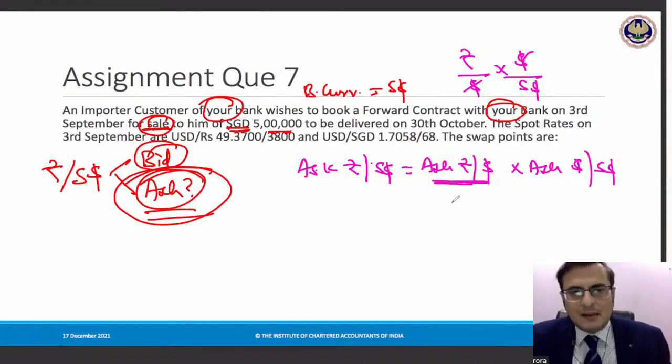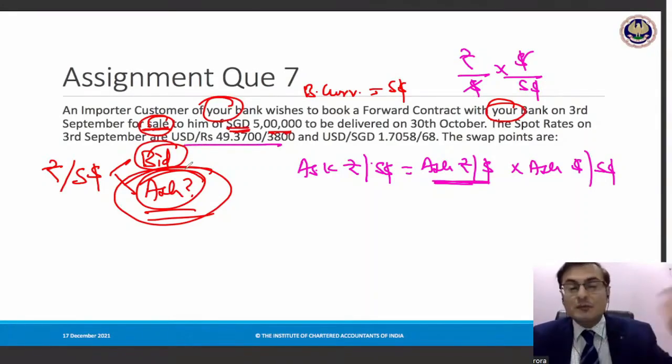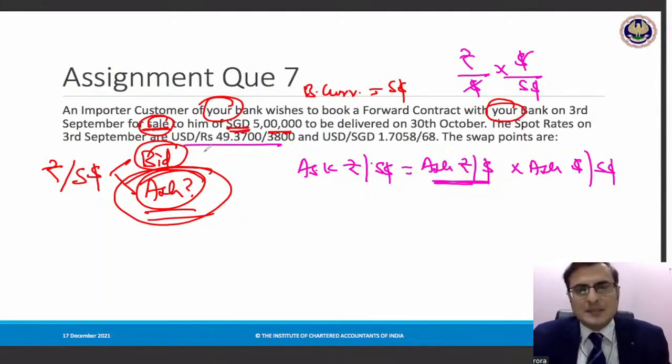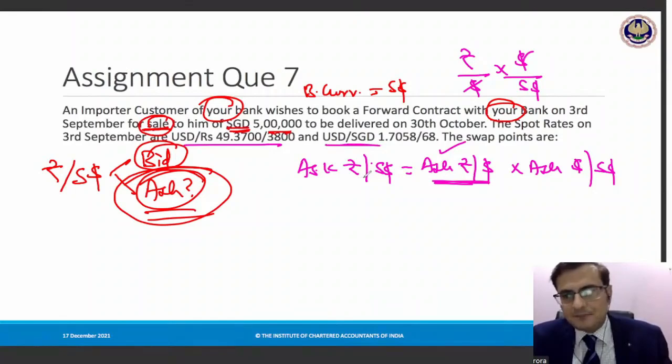Is it available? Yes, sir. This one. Logically, I told you we'll be using this as rupees per dollar. This is given. Yes, this is given.